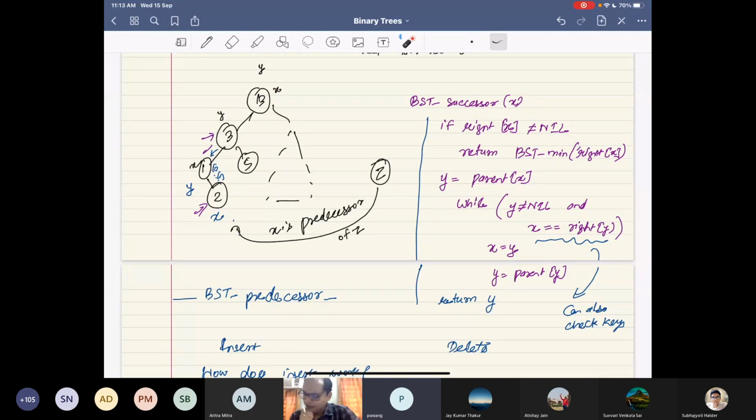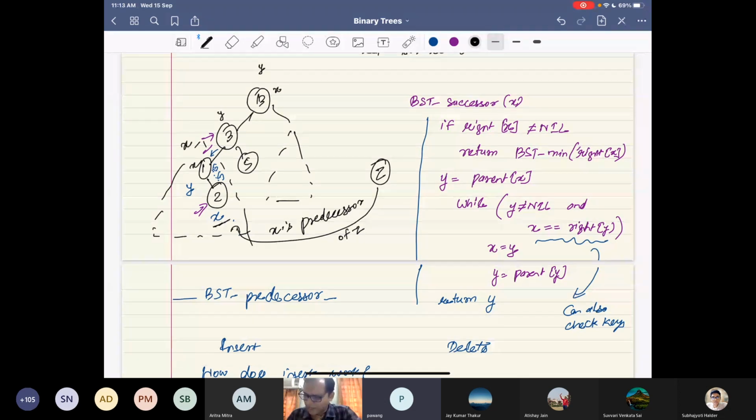I will keep on going up as long as x remains the right child, I'm fine. That means I am in that subtree. But as soon as x becomes the left child, what can I say?